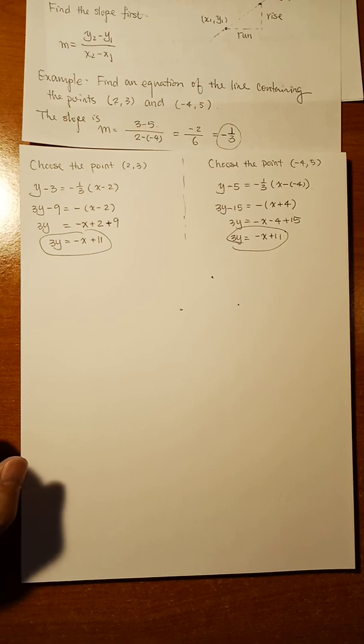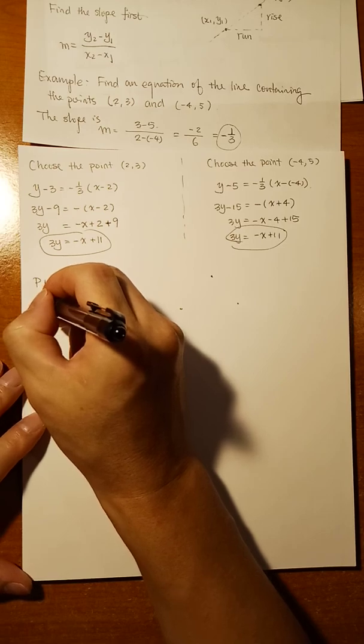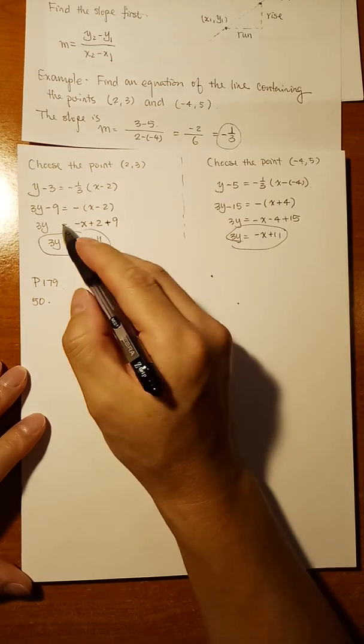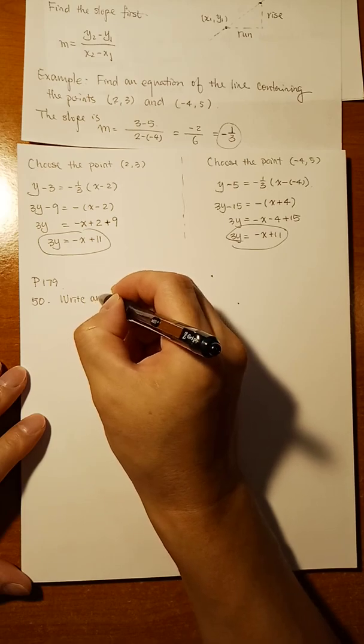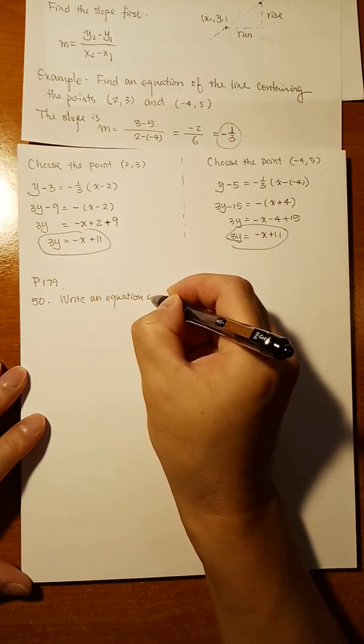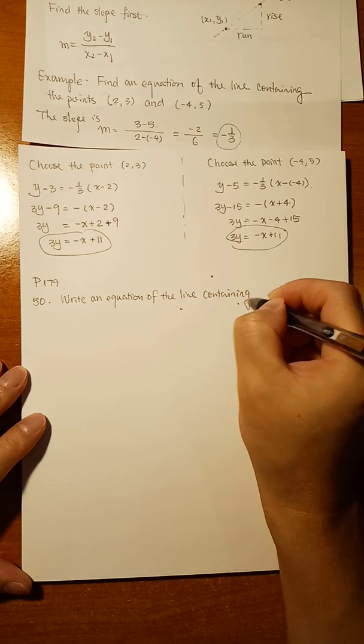Let's see one more computation about this. On page 179, problem 50, we're trying to write the equation of the line containing 2 points.